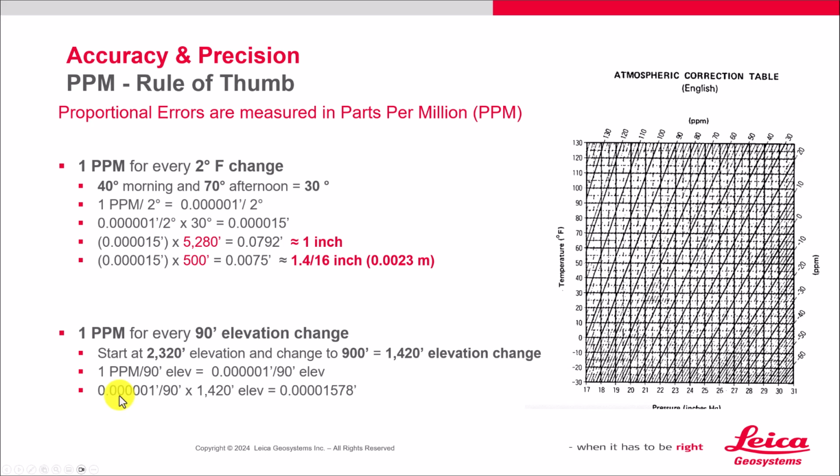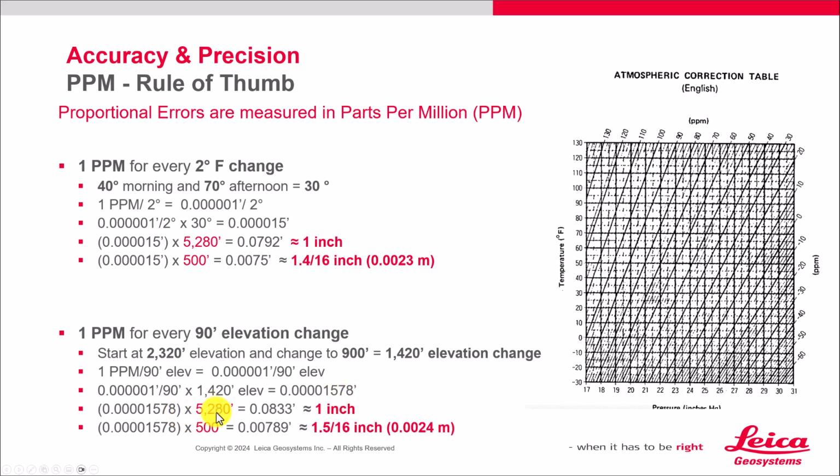Now we take that ratio times how many feet of elevation change, the 1,420. And again, we have all these zeros and 1,578 feet. For a 1 mile shot, we're looking at 1 inch, and for a 500 foot shot, about a 1/16th. So interestingly enough, this example was designed to show you that a change of 30 degrees and 1,420 feet of elevation has the same effect on an EDM.